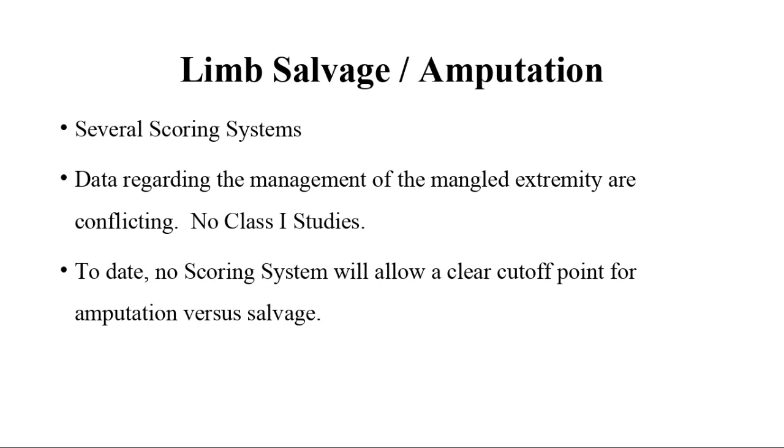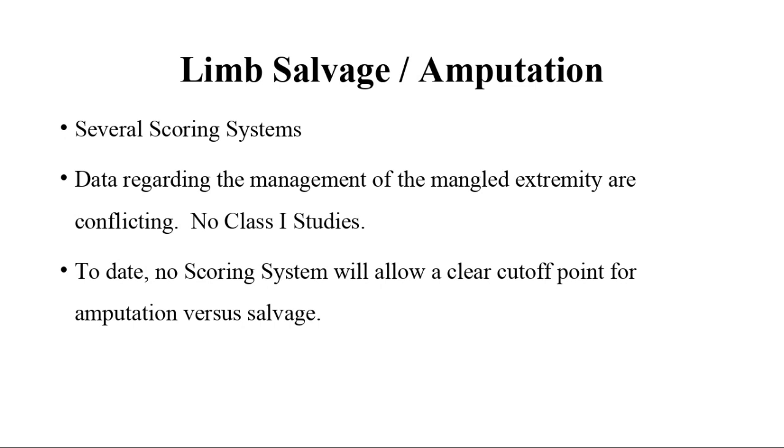That's where the discussion is. How does one decide? It has to be made by 2 senior people, not a resident. Should we do an amputation? What are the pros and cons? And that's where the discussion comes up about limb salvage.